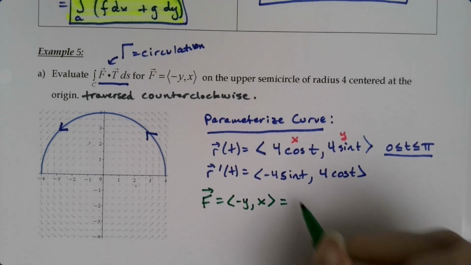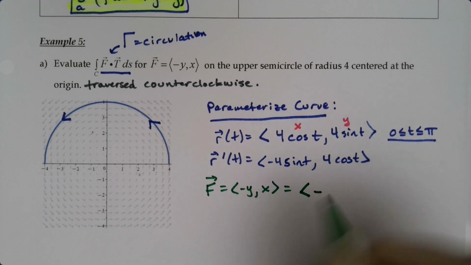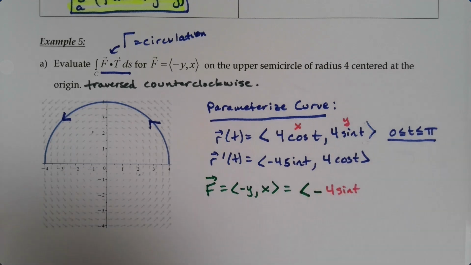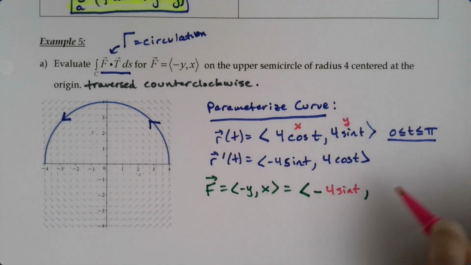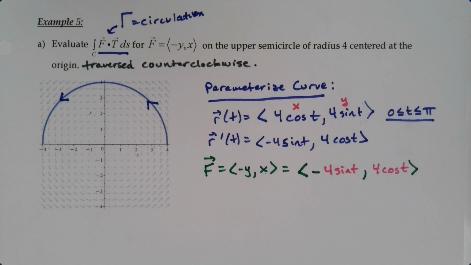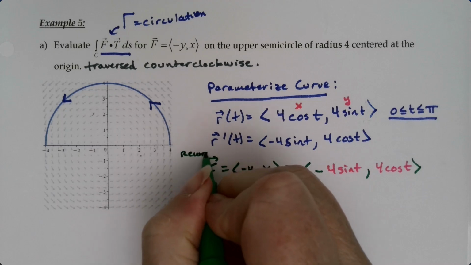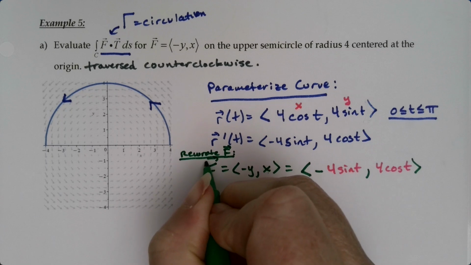Aha, but those are not going to be those values anymore. It's going to be negative y, so negative 4 sine t, and then x, which was 4 cosine t. All right, so I parameterized my curve and I rewrote my vector field in terms of my new x and y.